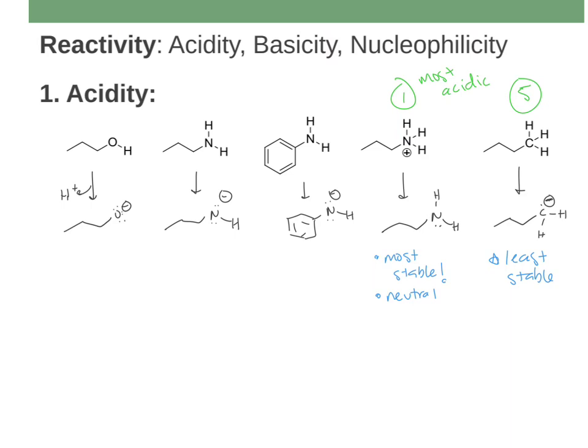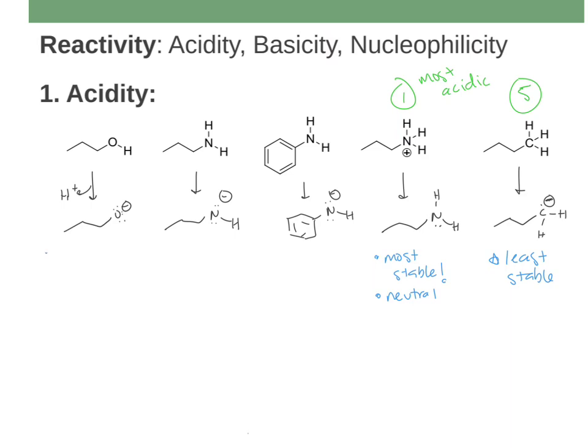Now I've got negative N's and O's here. And if I look at the negative N's and O's, I see that my oxygen should be more stable. So I'm going to put that for the oxygen here. This should be my number 2.